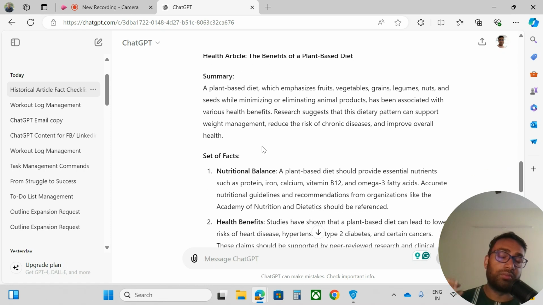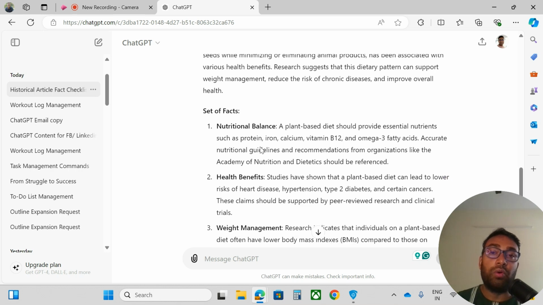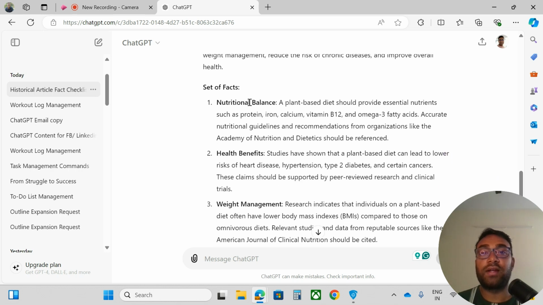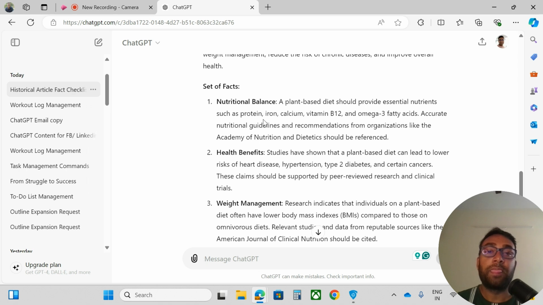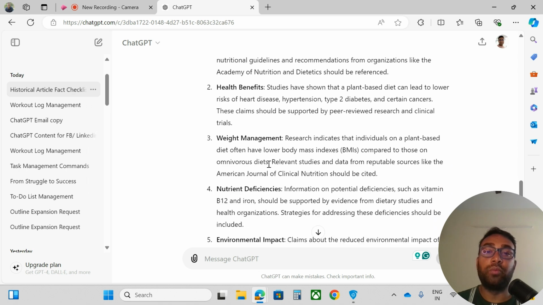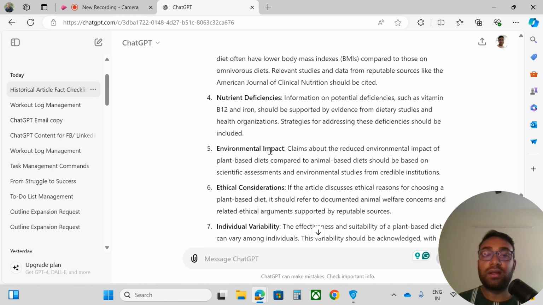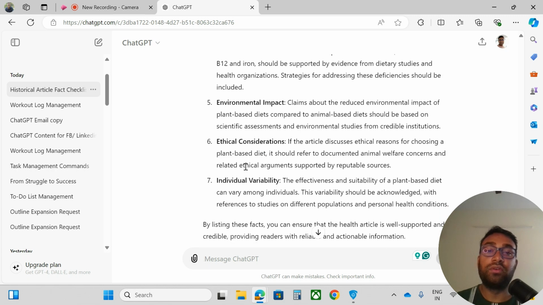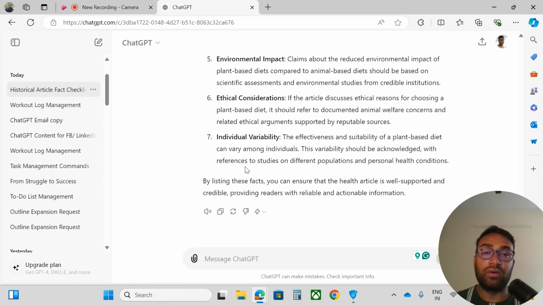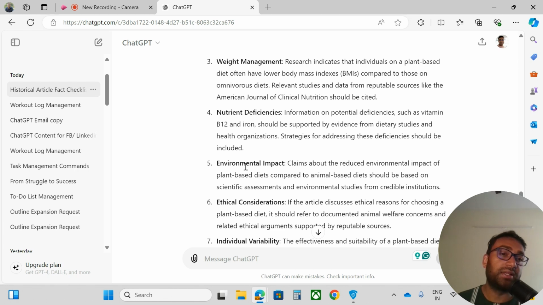It is quite short and might not have more details, but see what facts it has mentioned: nutritional balance and health benefits, weight management, nutrition deficiencies, environmental impact, ethical consideration, individual variability. So you get a more clear, more specific answer.